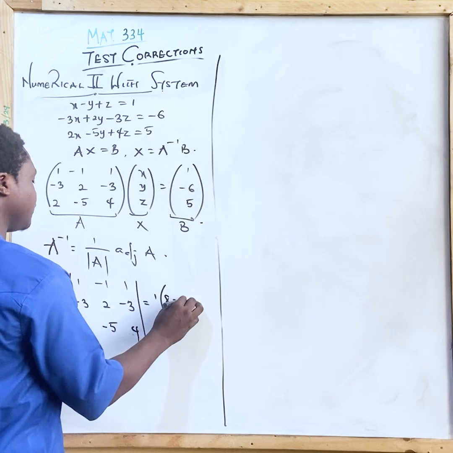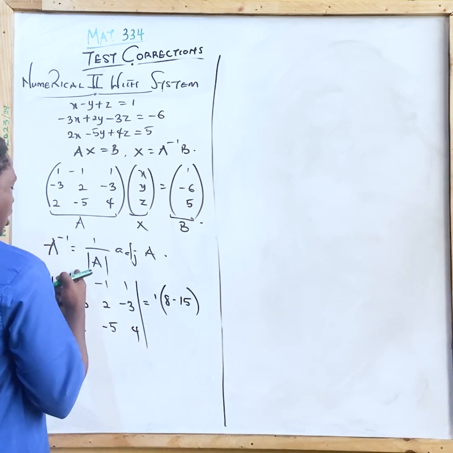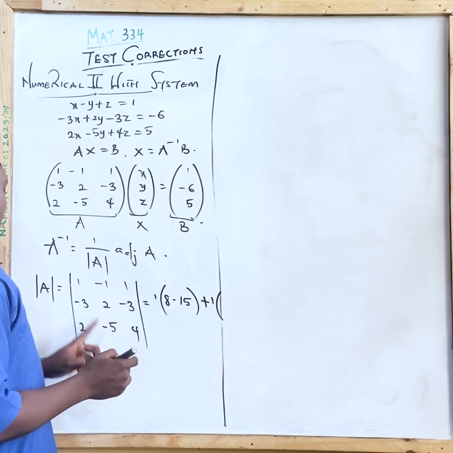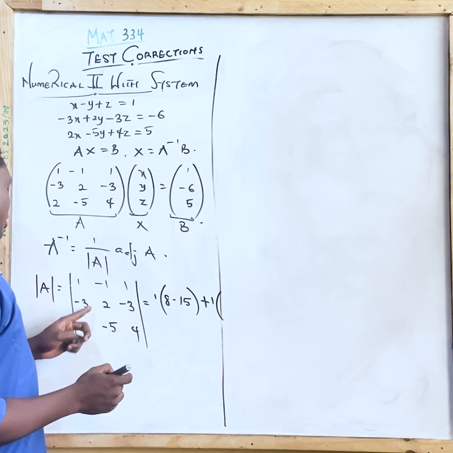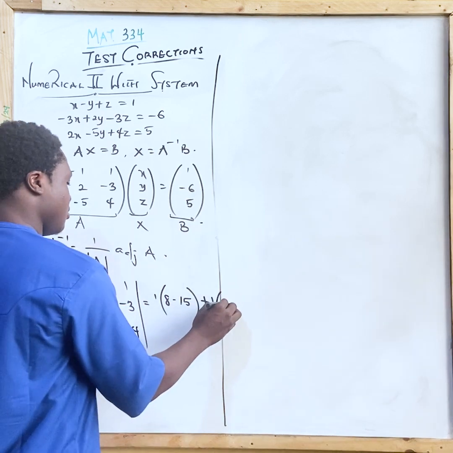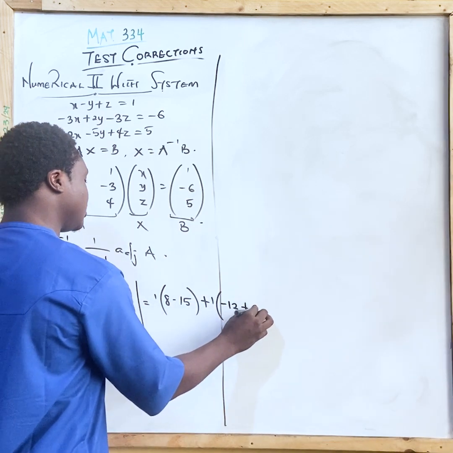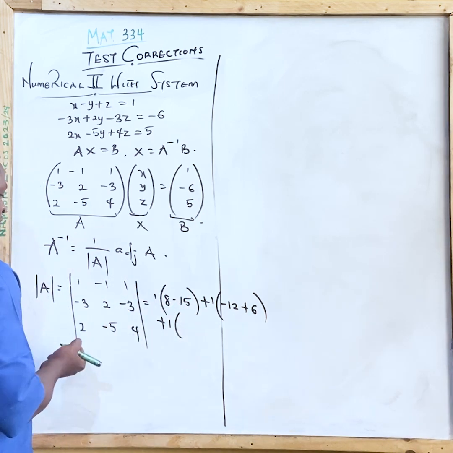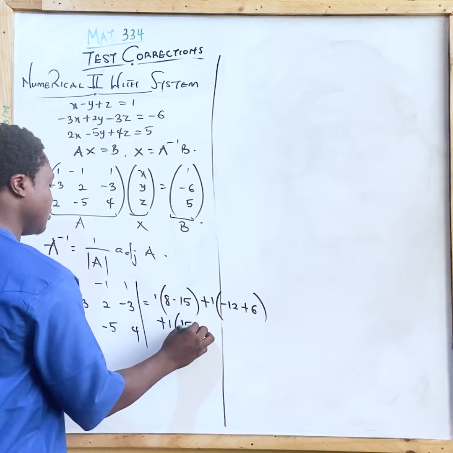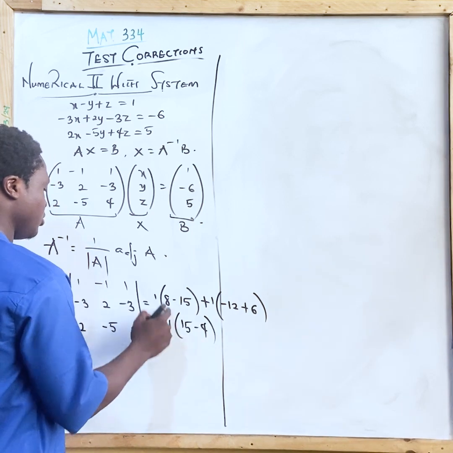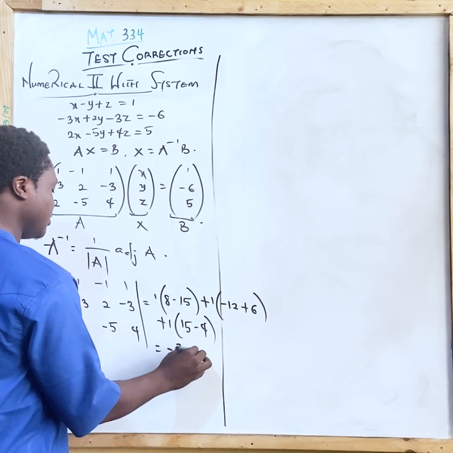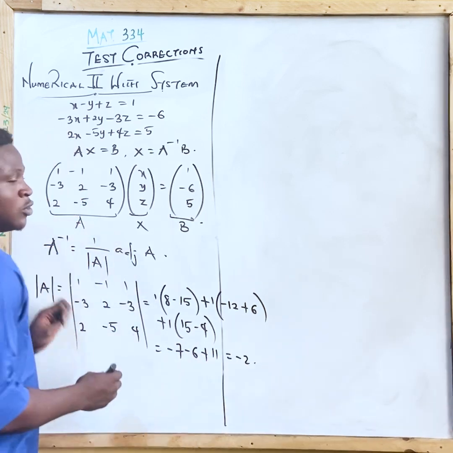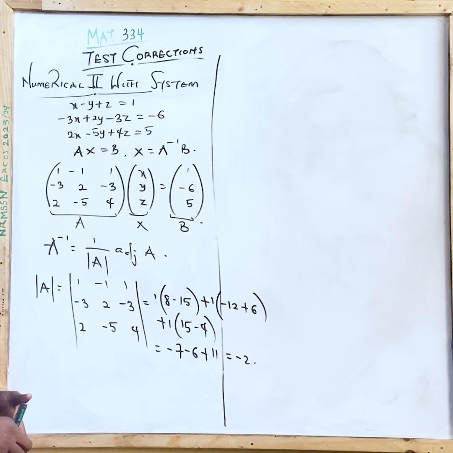Then plus minus plus, so that's plus 1 times minus 12 plus 6. Then I have my plus 1 times, so this is 15 minus 4. So we get this to be -7 -6 +11, which is equal to -2. So our determinant is -2.